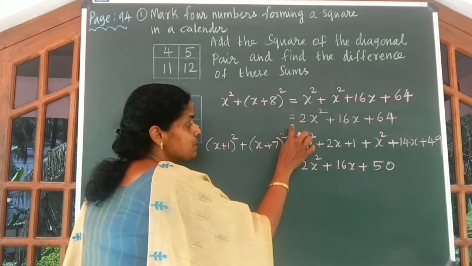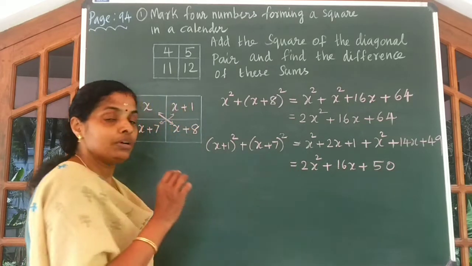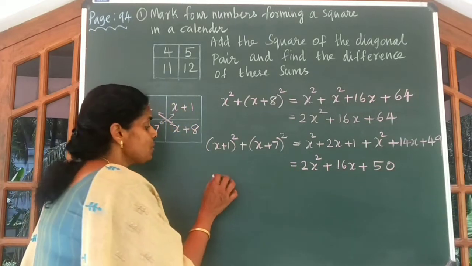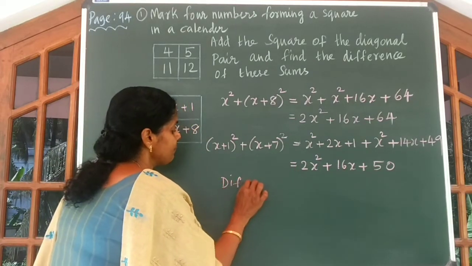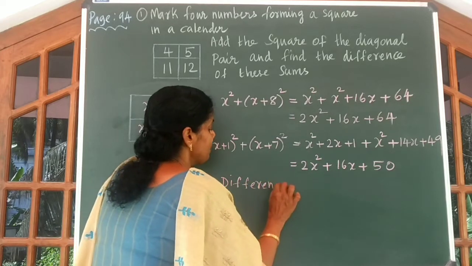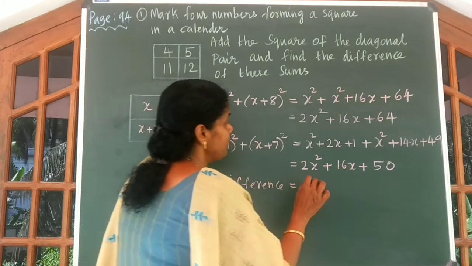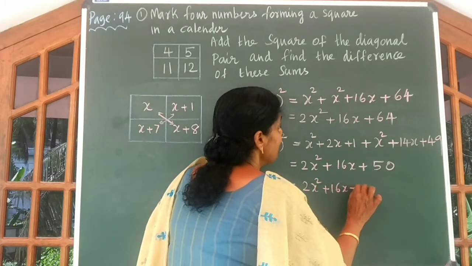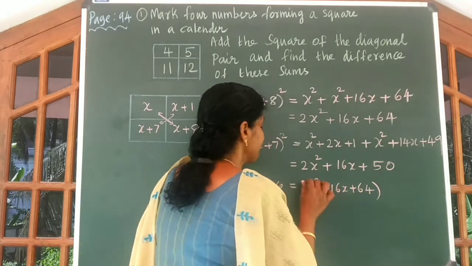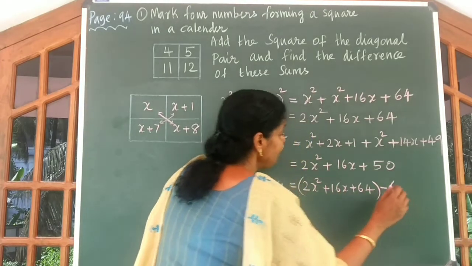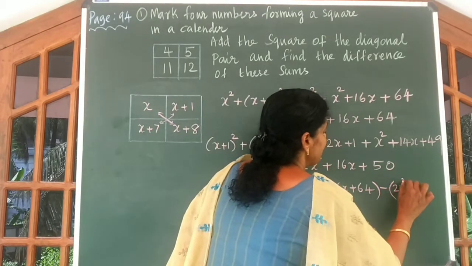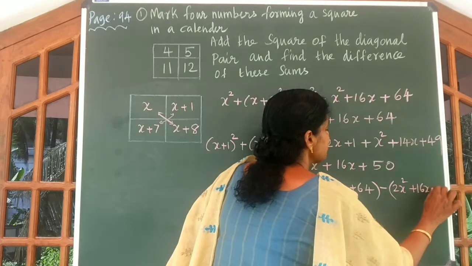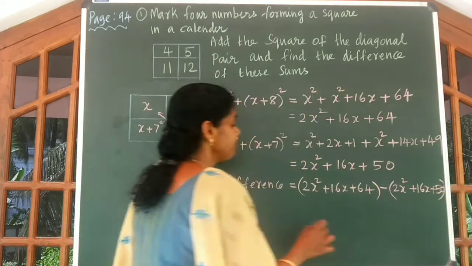The difference between these two diagonal squares. So if you find the difference of these two numbers, you get difference is equal to 2x square plus 16x plus 64 minus of 2x square plus 16x plus 50.